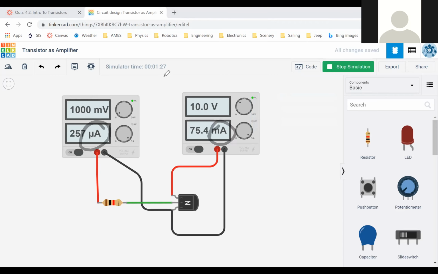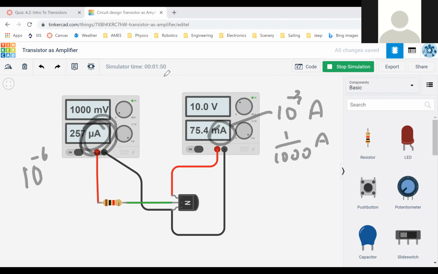Milliamps is something we've dealt with before. We know that milliamps is 10 to the negative 3 amps, or 1/1000th of an amp. This one right here is one that maybe you haven't worked with very much before. This is called a microamp, and that's 10 to the negative 6 amps, which is 1/1,000,000.